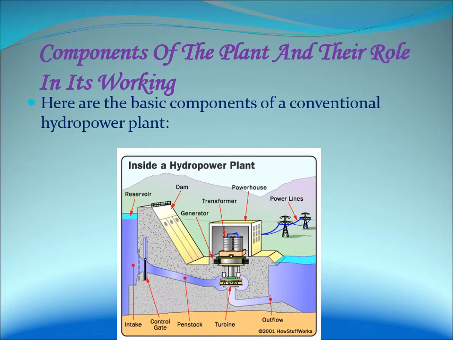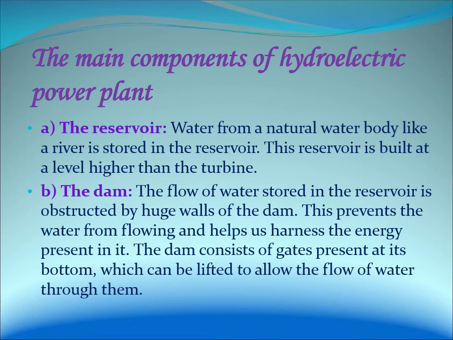As you can see in the image, here are the basic components of a conventional hydropower plant and their role in its working. Let's discuss all the components one by one. The reservoir. Water from a natural water body like a river is stored in the reservoir.